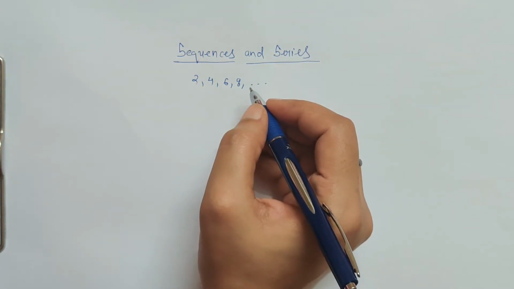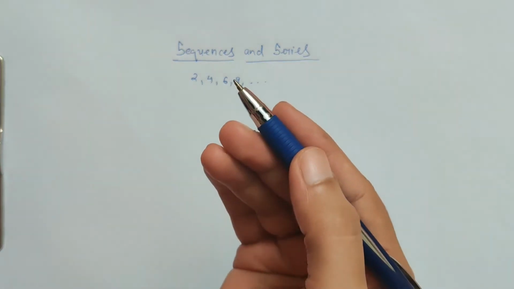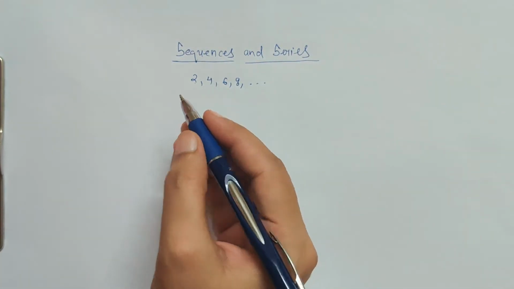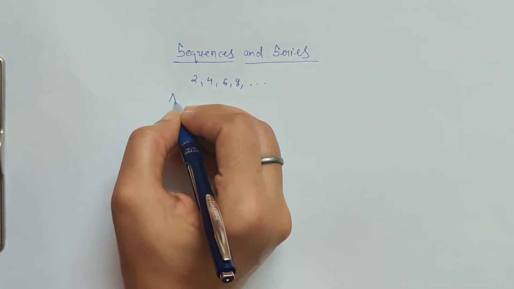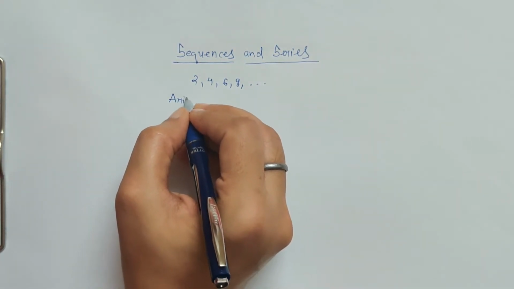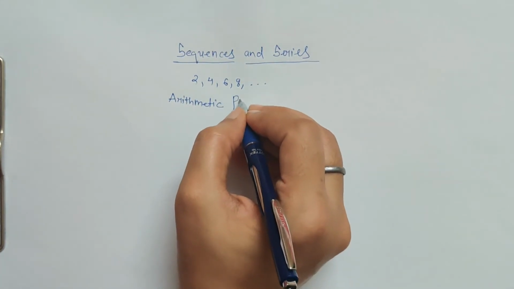Let's understand the types of sequences and series we are going to learn in this chapter. The first thing we are going to learn is arithmetic progression.